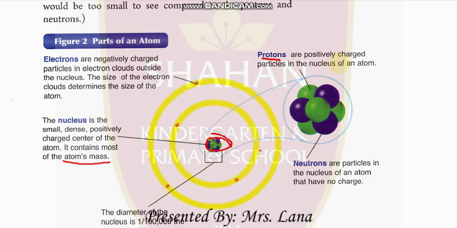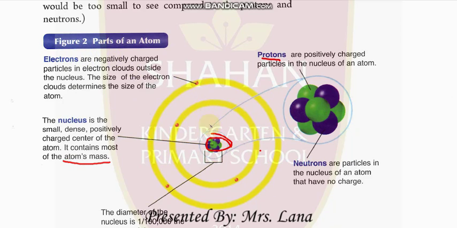Protons are positively charged particles in the nucleus of an atom, and neutrons are particles in the nucleus of an atom that have no charge. The third one is electrons, which are negatively charged particles in electron clouds outside of the nucleus.